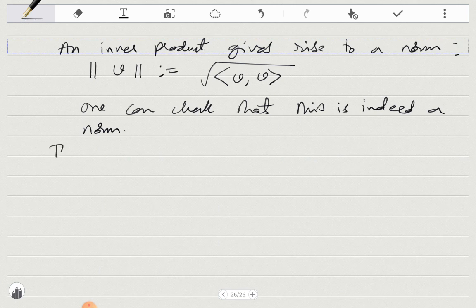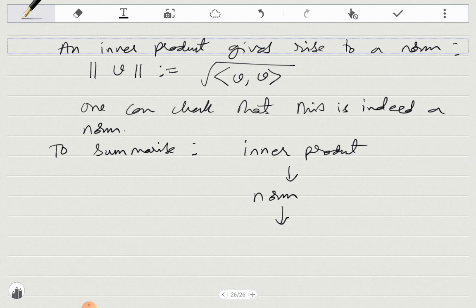So to summarize, from an inner product I can get a norm, and from a norm I can get a distance function, a metric.